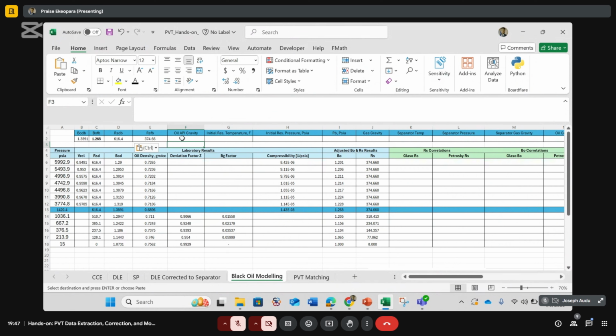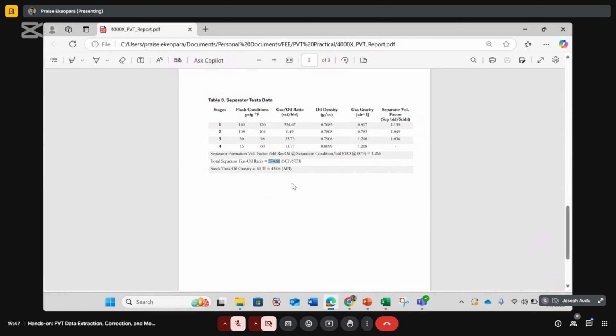Then the next thing we need to get will be our oil API gravity. That's equally when we need to go over to our PVT report. And don't forget, we usually get it from our separator. There are two ways. Either you use this to get to enter for your API, or you just come over here and come to this stock tank oil density using that 141.5 over specific gravity, which is what we have here, then minus 131.5.